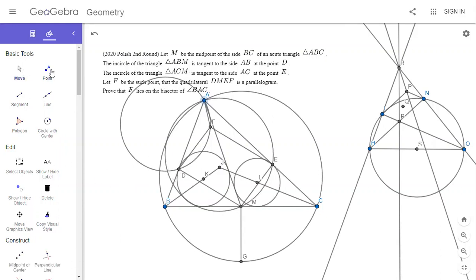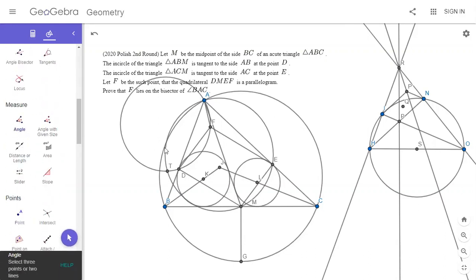Yeah, so if I label this intersection point, then angle ATF is 17 degrees, and angle ETM is 28.2. What?